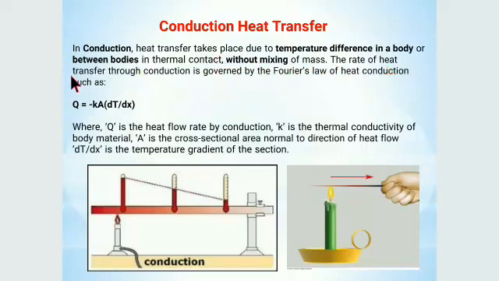The rate of heat transfer through conduction is governed by Fourier's law of heat conduction, such as Q is equal to minus kA dT divided by dx, where Q is the heat flow rate by conduction, k is the thermal conductivity of the body material, A is the cross-sectional area normal to the direction of heat flow, and dT by dx is the temperature gradient of the section. There is a picture where conduction occurs.